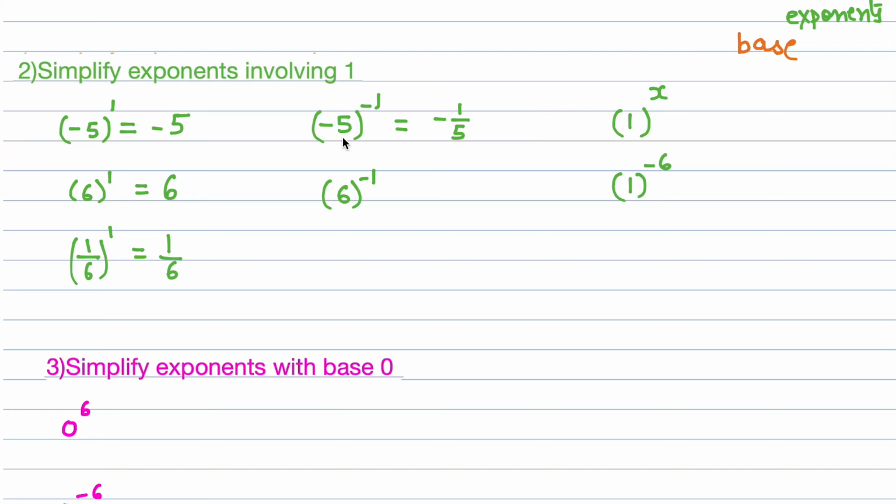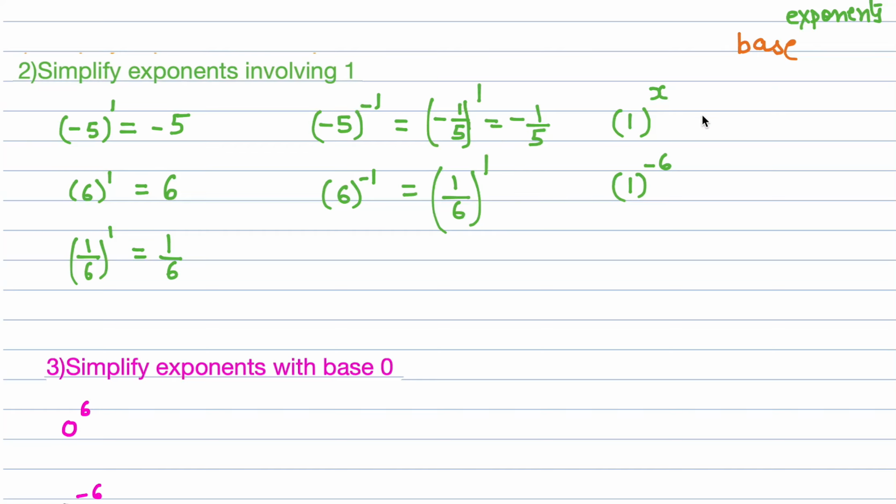That will not be affected during the reciprocal rule. Yes, overall negative 1 power has become 1 now. So this answer is negative 1 over 5. So whenever we have power negative 1, we simply reciprocate it. It's 1 by 6 raised to power 1. And it's negative 1 over 5 raised to power 1. So yes, now we have converted our question into power 1, and as per this rule, that will be the number itself.